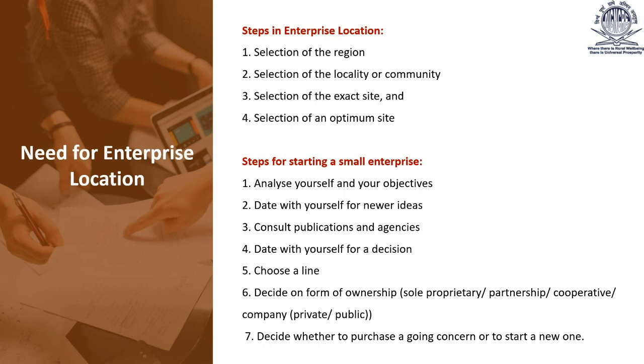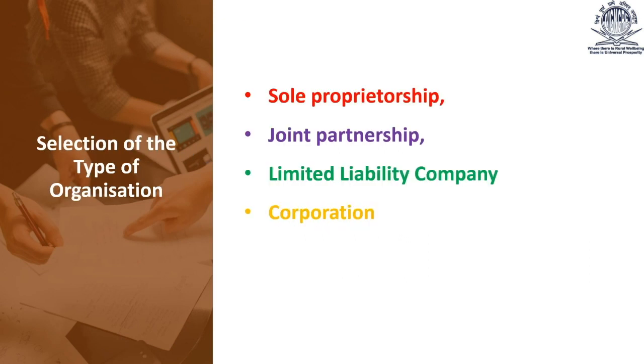Fifth, choose a line. Sixth, decide on form of ownership, either sole proprietorship, partnership, cooperative, company, or private or public company. Last, decide whether to purchase an ongoing concern or start a new one.